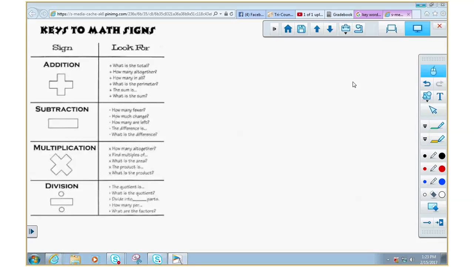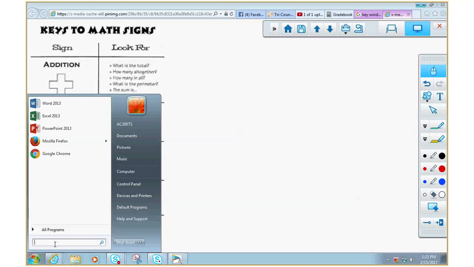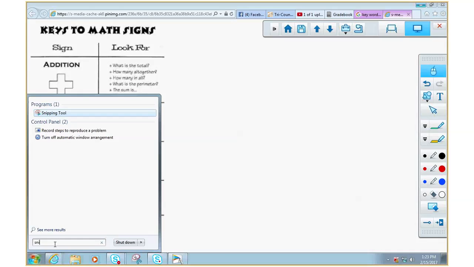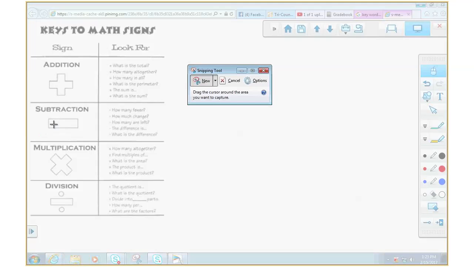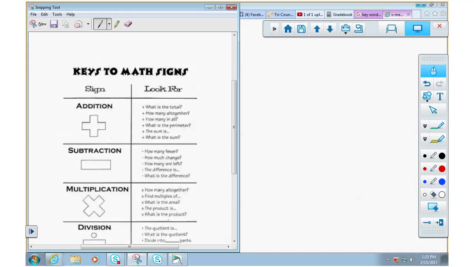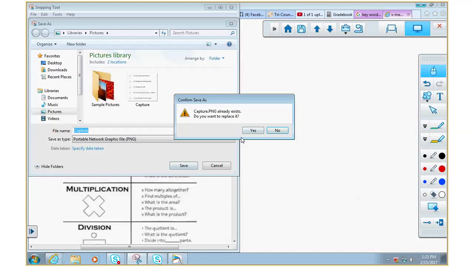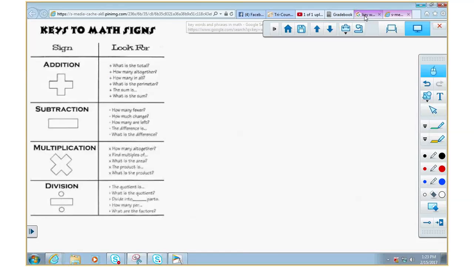Let me do this. Snip. Okay, I'll pull them all up in just a minute. Let's go back to keywords.